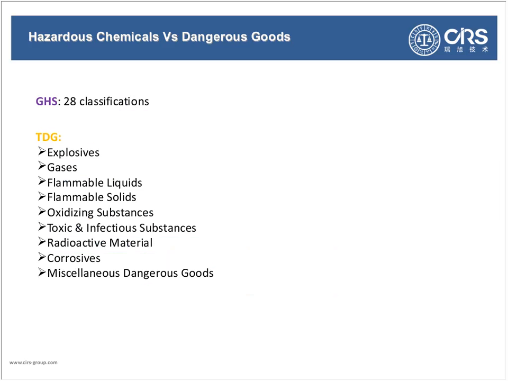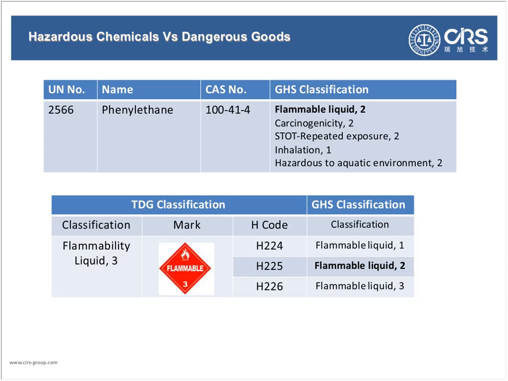For example, here we use phenolphthalein as an example. The first table gives you the GHS classification, and the second table is the TDG classification of this chemical. From these two tables, you can see that they both have the classification of flammable liquid category 2, but they also have very different other classifications.